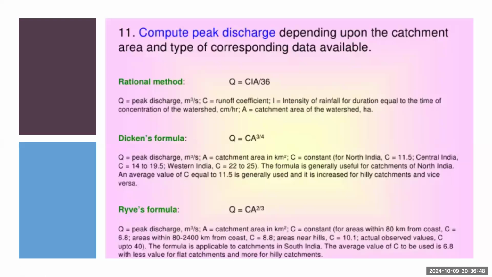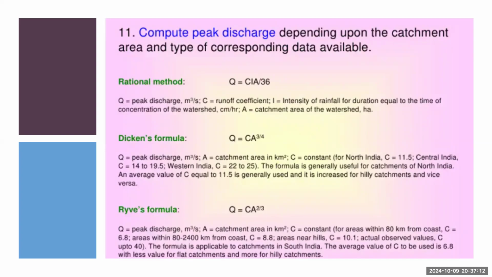Here the different values for C are given based on the location of the catchment area from the coast. For areas within 80 kilometers, the value of C is 6.8. And as the distance increases, this value of C increases.